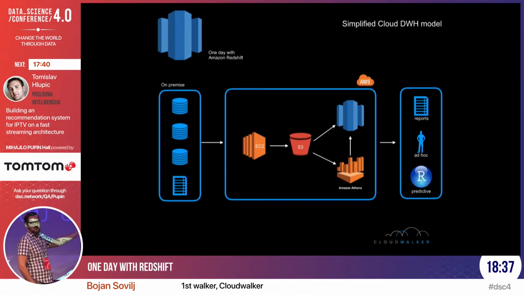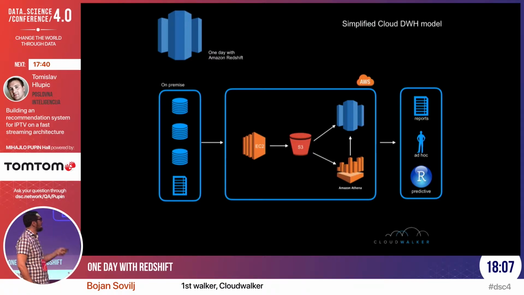You can use Amazon Athena to pose SQL queries directly on your CSV files. What we actually do is take all that data from S3 and put it into Amazon Redshift. Based on that architecture, our clients can have reports, ad hoc requests, and more advanced predictive methods.